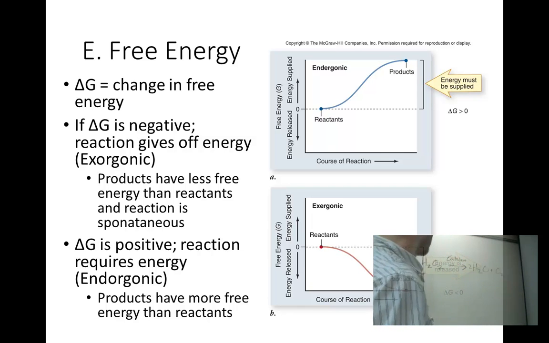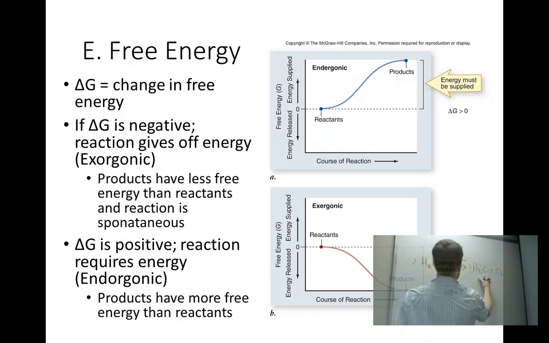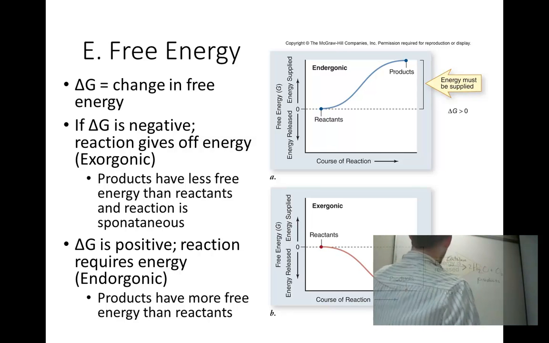Okay, so what happens is these are the products. Sorry, these are the products, and these are the reactants. And when hydrogen peroxide breaks down, it gives off energy. So the products have less energy than the reactants. So that's what's going on here.